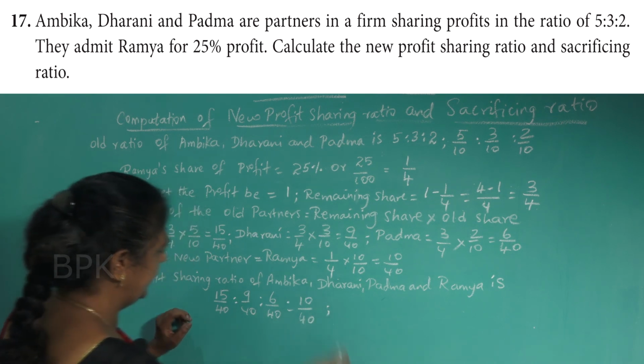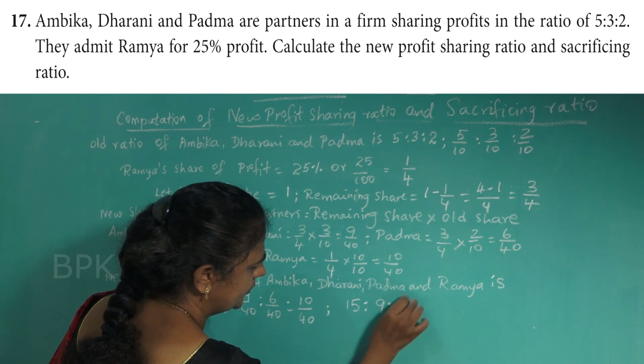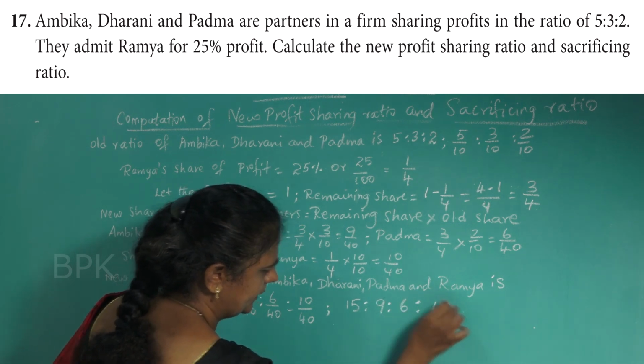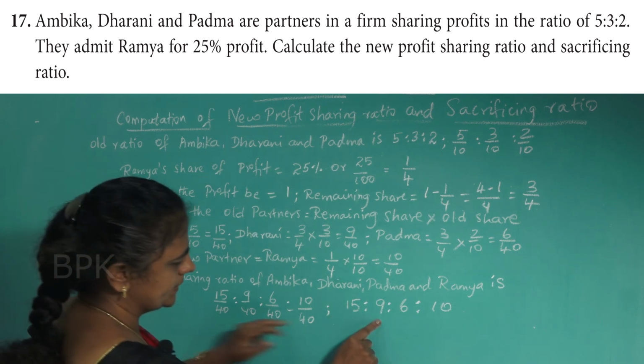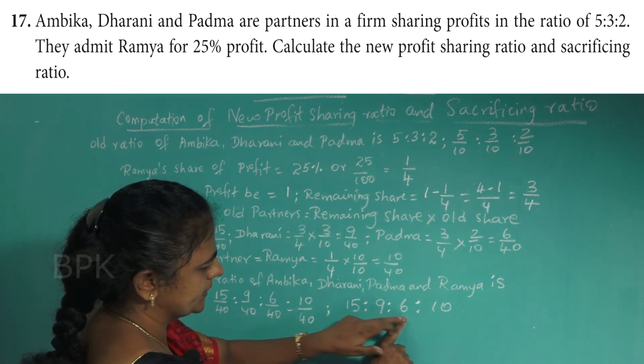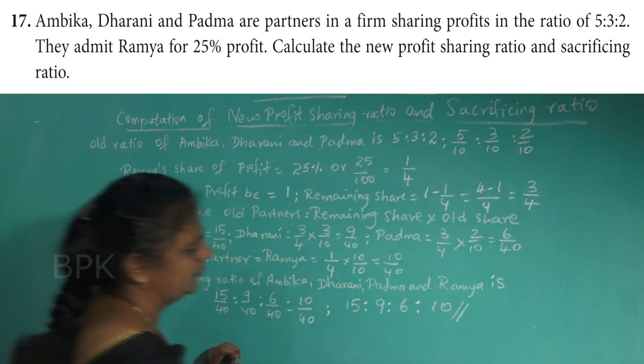So that can be written as 15 is to 9 is to 6 is to 10. If you add all this, you must get 40. 15 plus 9, 24, 24 plus 6, 30, 30 plus 10, 40. So then your answer is correct.